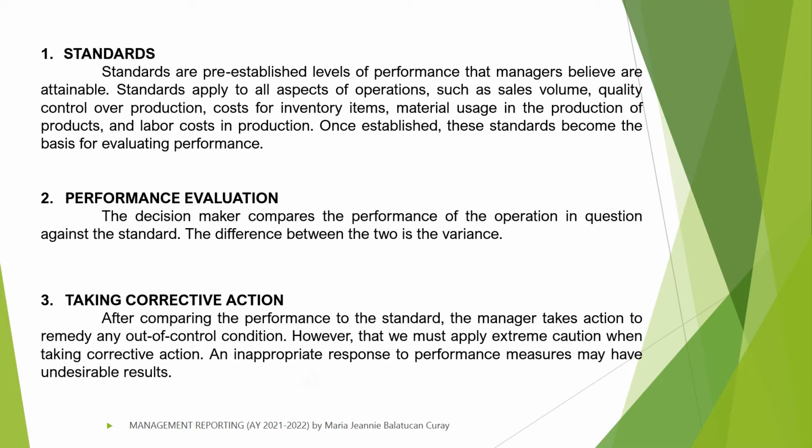So if the lower quality raw materials result in excessive quantities being used in production and your waste is higher than the normal, of course, the company will experience an unfavorable material usage variance.